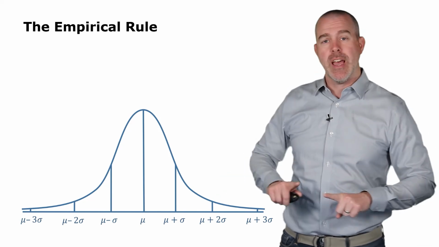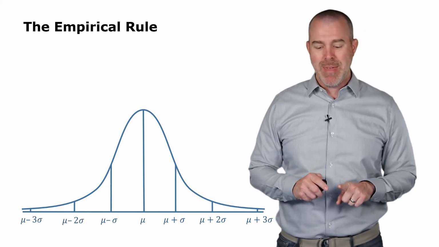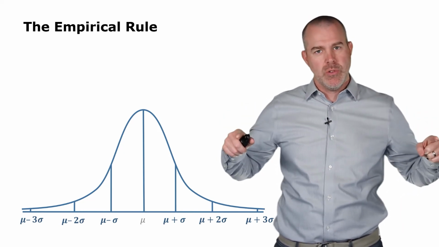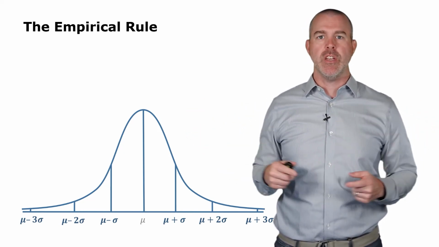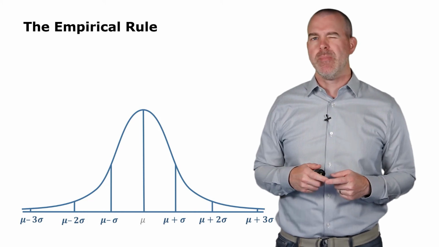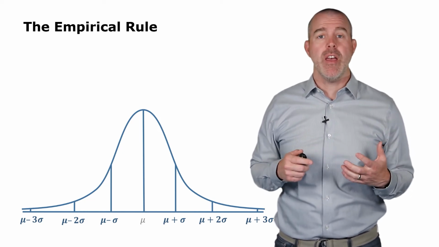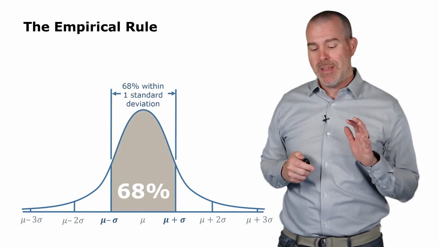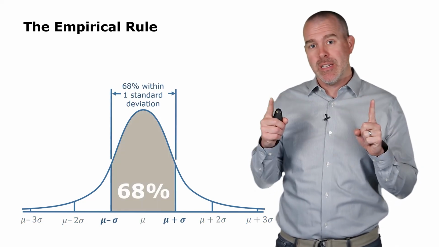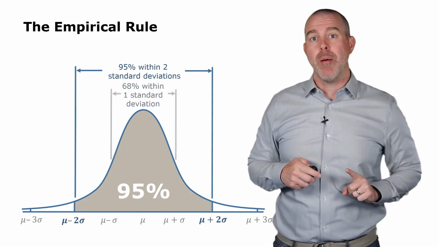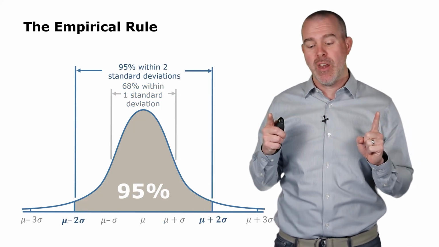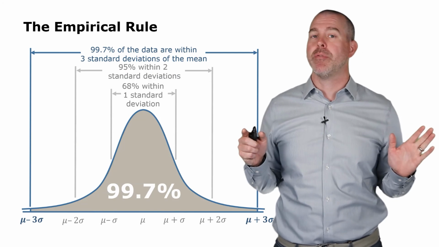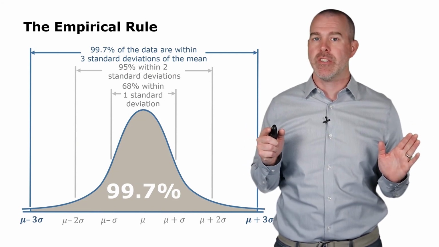You can see along the x-axis, I have the mean in the middle, and then +1 standard deviation, +2 standard deviations, +3 standard deviations going out. So if a distribution follows this bell-shaped curve, then approximately 68% is within 1 standard deviation, approximately 95% within 2 standard deviations, and almost everything, 99.7%, within 3 standard deviations.